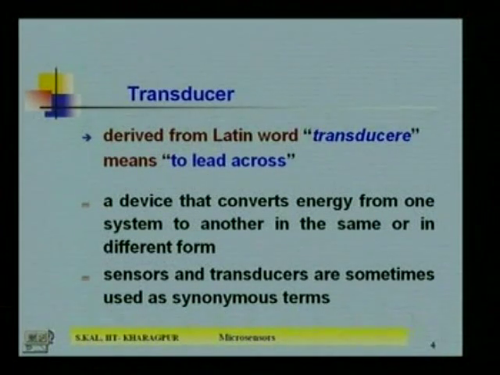So, that we do not call a sensor. For example, in an amplifier device, its input signal is an electrical signal and its output signal is also an electrical signal. So, the same form of energy is obtained at the output, but with a different magnitude. That amplifier is not called a sensor, but on the other hand a microphone is called a sensor, because there the input energy is sound or acoustic energy and the output energy is electrical energy.